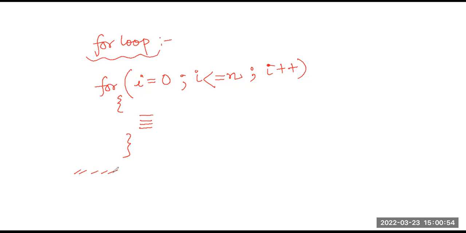If you know that how many times you will have to repeat your loop, it is better to use the for loop concept, because the number of times the loop has to be executed can be determined mathematically by checking this logical expression. This logical expression, you can determine how many times your loop will be executed.